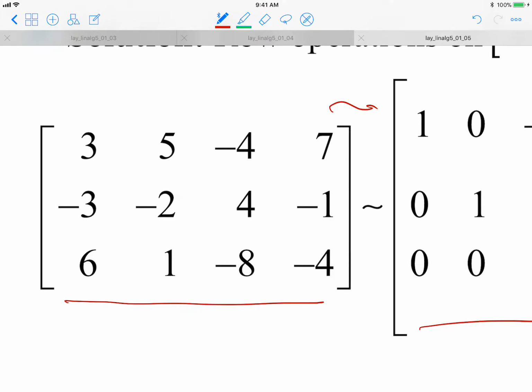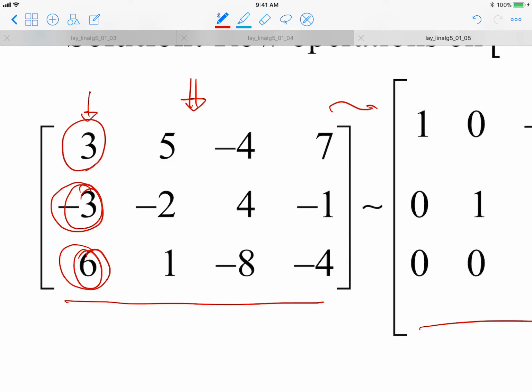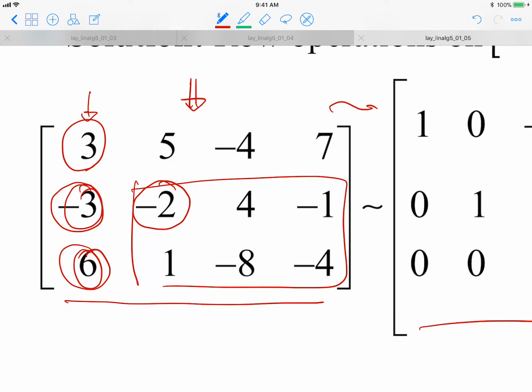But let's imagine the detailed individual steps of this row reduction when trying to make this an echelon form. So we will first focus on this element, and then we will remove these two values, right? And then suppose these guys became 0, and then we will obtain this part, and if this one is non-zero, then we will remove this guy, right?